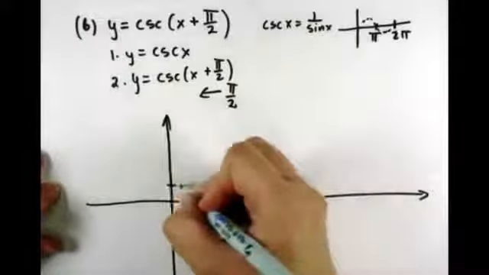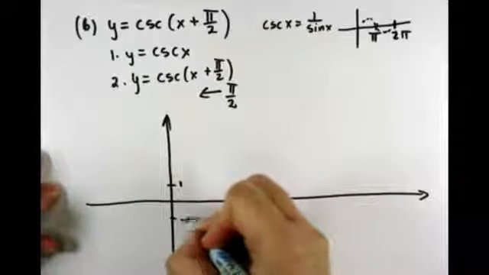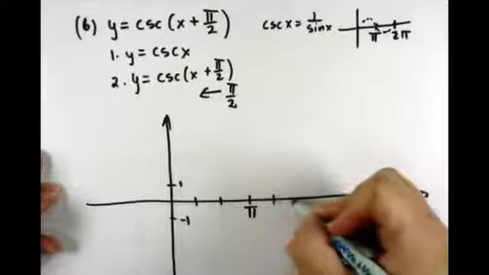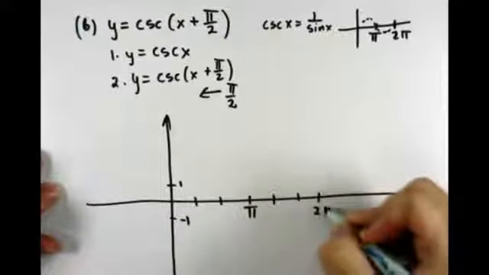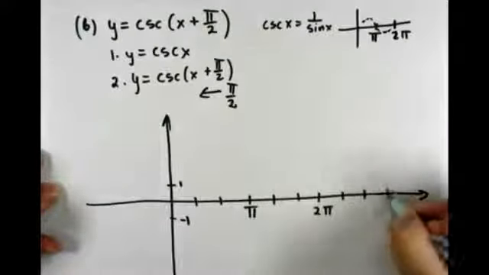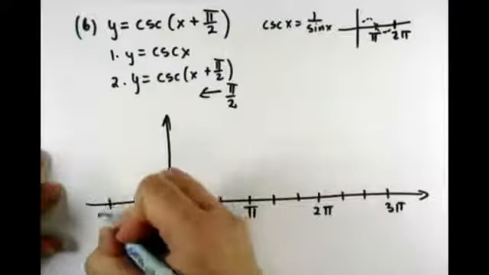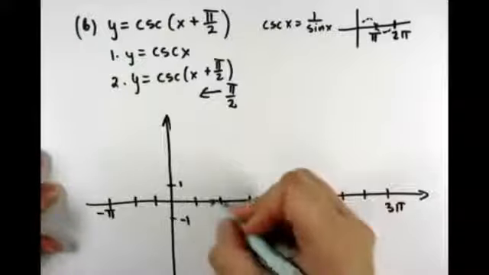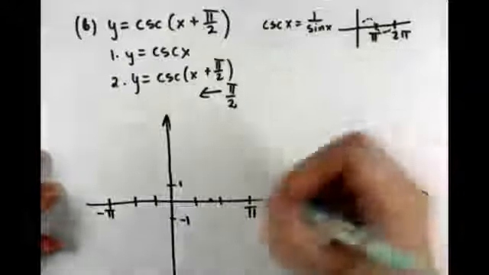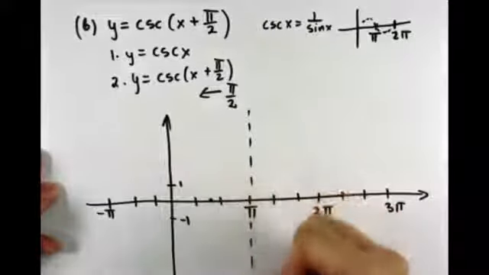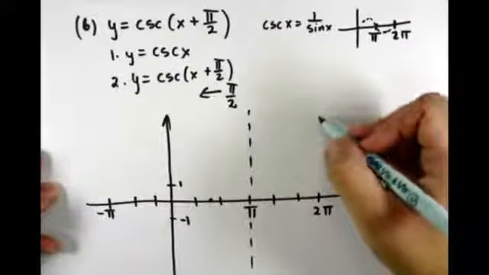So we have 1, we have minus 1, and pi, 2 pi, 3 pi, minus pi. So the asymptotes are at pi for my cosecant graph.